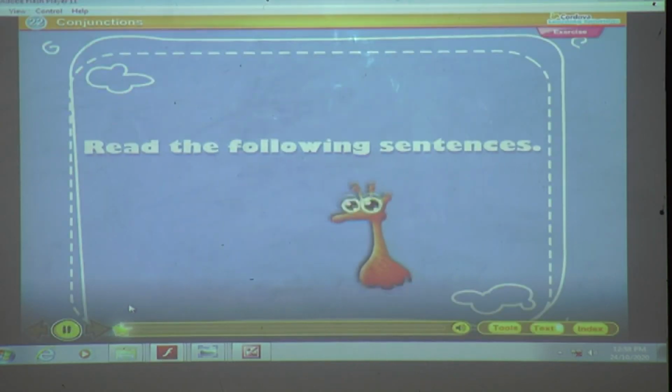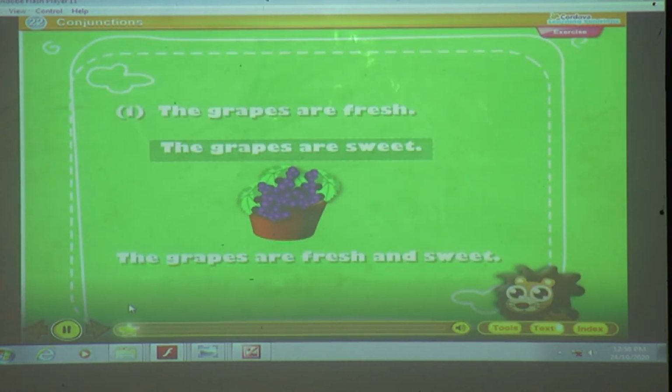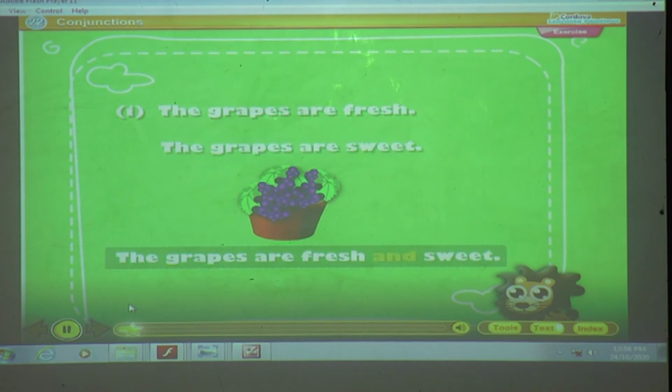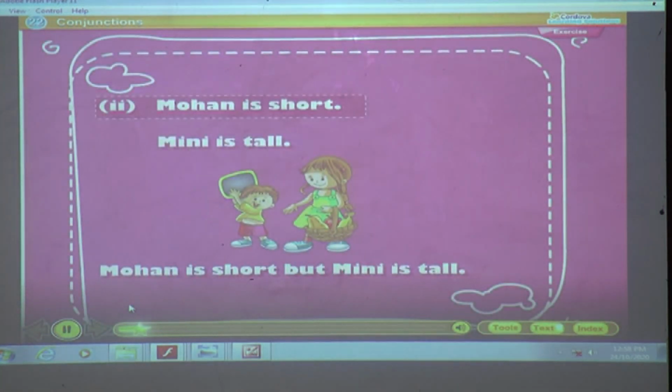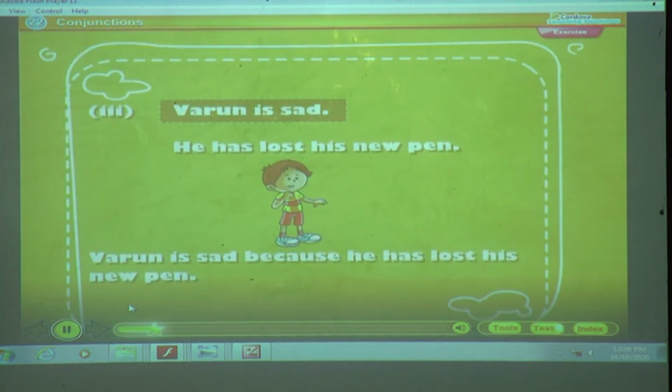Conjunctions. Read the following sentences. The grapes are fresh. The grapes are sweet. The grapes are fresh and sweet. Mohan is short. Mini is tall. Mohan is short, but Mini is tall. Varun is sad. He has lost his new pen.